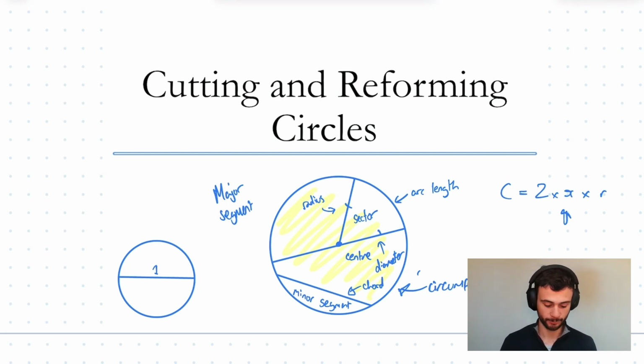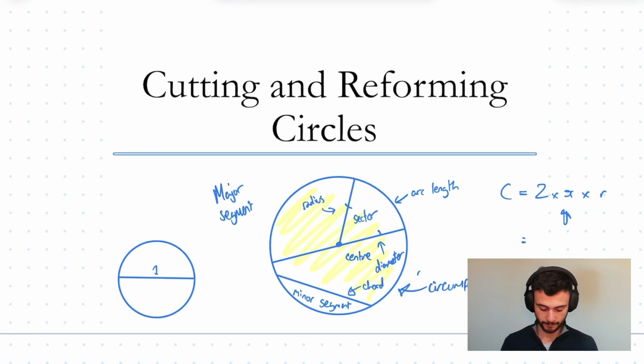So you could do this with a piece of string. If you set your diameter as maybe 10 centimeters, you measure the circle with that piece of string, you'd get about 31.4 centimeters.